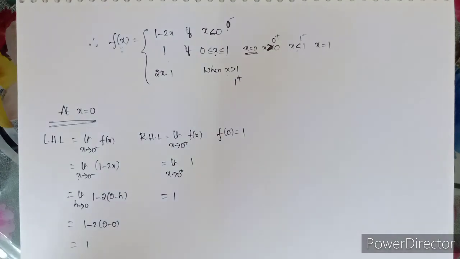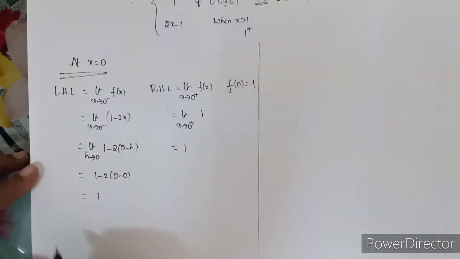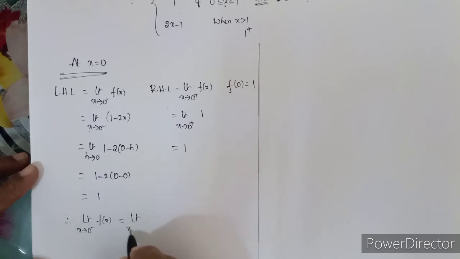Therefore, left-handed limit equal to right-handed limit equal to f of 0. All are 1, 1, 1. Therefore, f is continuous at x equal to 0.